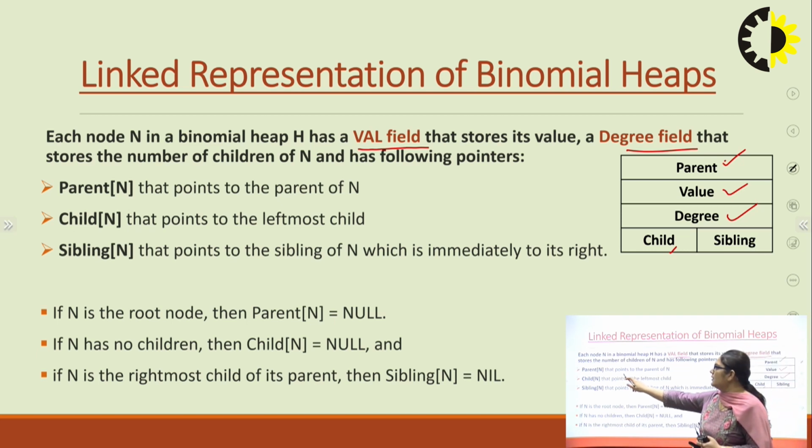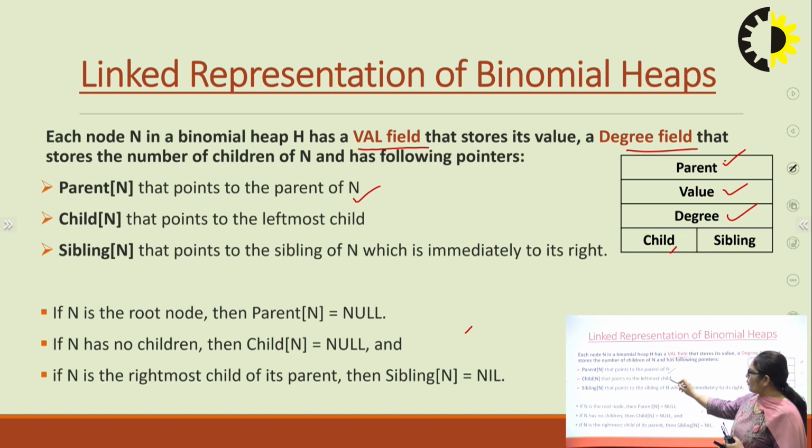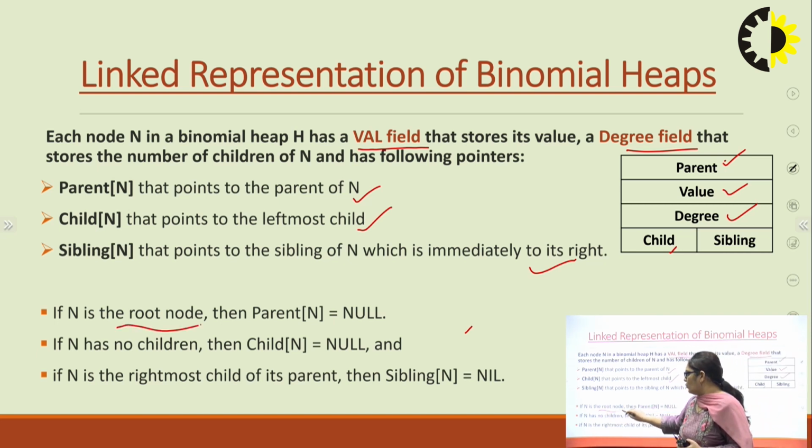The parent pointer points to the parent of the node n, the child pointer of n points to the leftmost child of that node n, and the sibling pointer points to the sibling of n which is immediately to its right side.